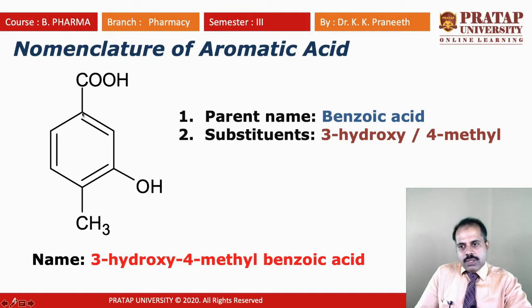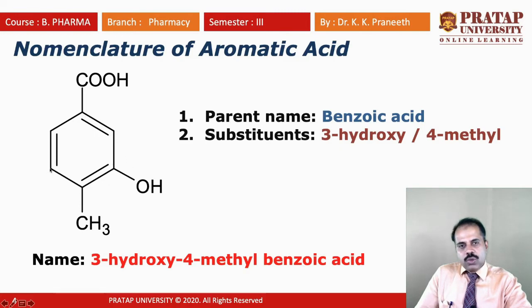We cannot say this is carbon number 1, and this one is 2. This is not 2 because if we put this as 2, this will become 3, this will become 4, and this will become 5. But even when you number clockwise, 1, 2, 3, the substitution comes first in the third position.